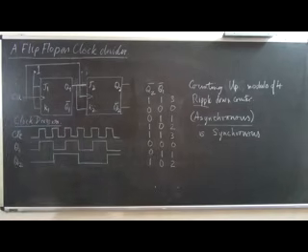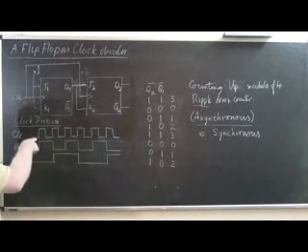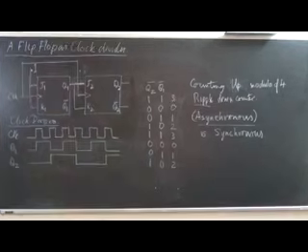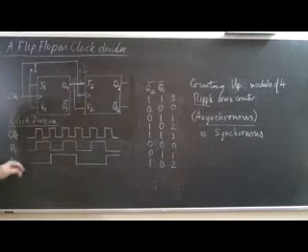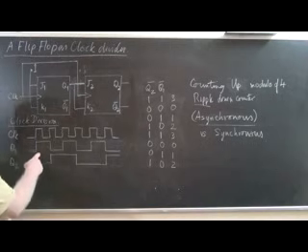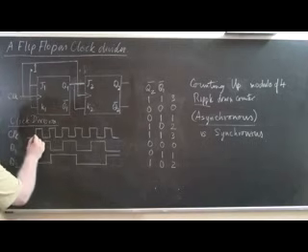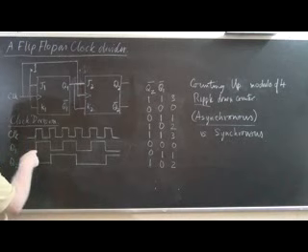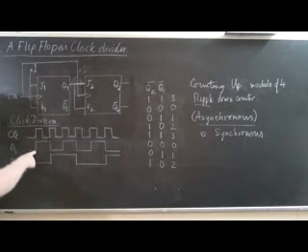But then, the interesting part occurs when you consider Q2. In the case of Q2, if you look very closely at this edge, you will see one thing. At the instant this positive edge of the clock has occurred, the first flip-flop was still at 0.